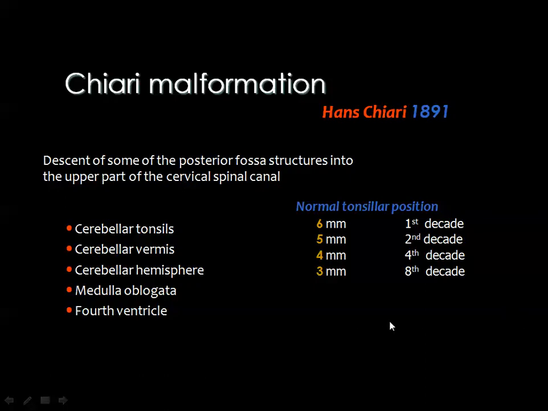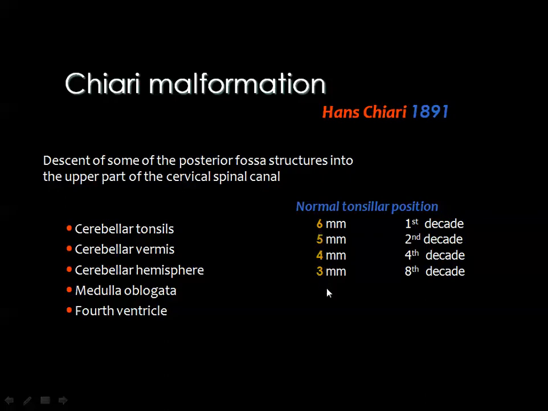And we should know that normally the cerebellar tonsils are below the level of the foramen magnum, and this extent will be large in the first decade of life, reaching about 6 millimeter.